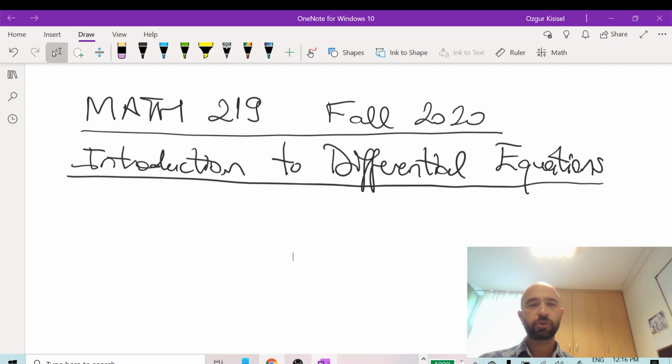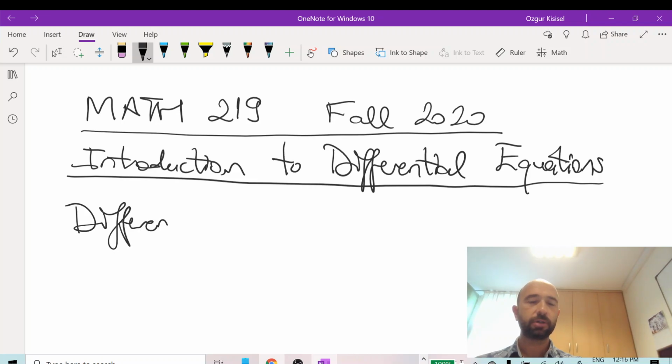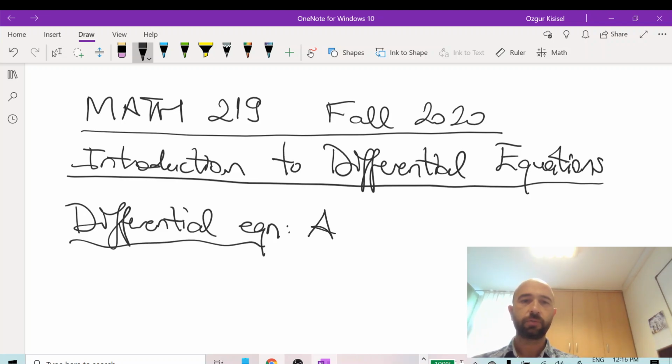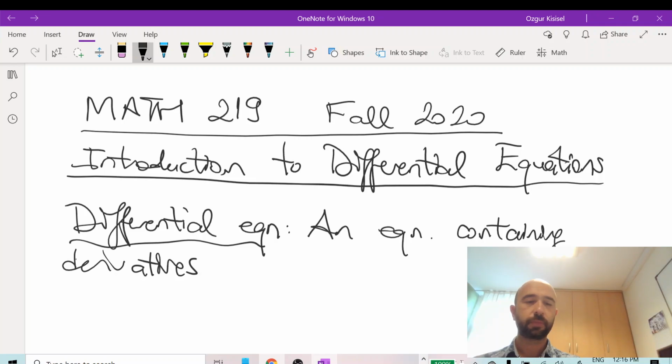Okay, so we start by asking, what is a differential equation? Simply, in the most naive terms, a differential equation is any equation containing derivatives, of course along with algebraic operations.